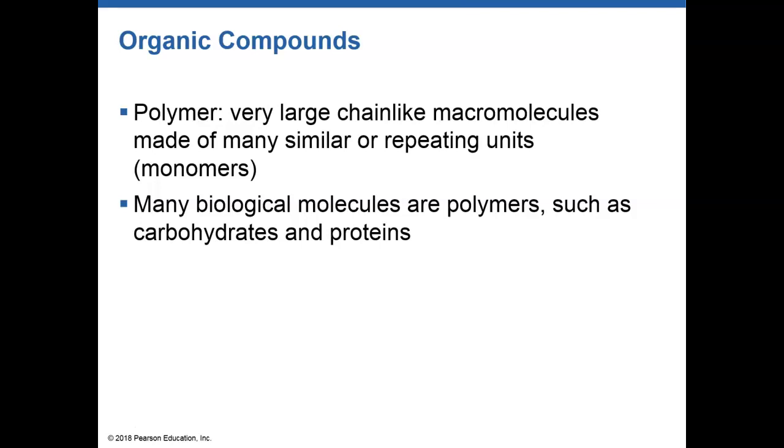Organic compounds tend to be much larger than your inorganic compounds. And a macromolecule and a polymer are the same thing. A polymer is a large macromolecule, so a very large molecule made of many monomers, which are subunits of that polymer.